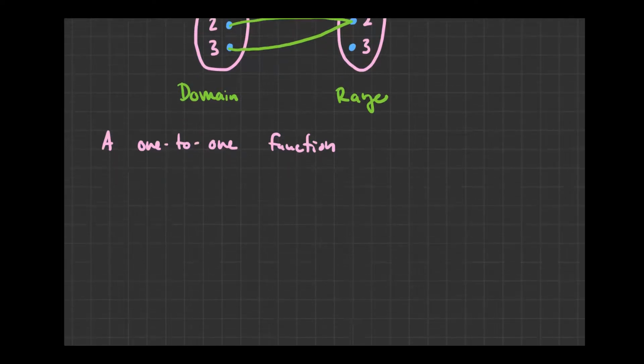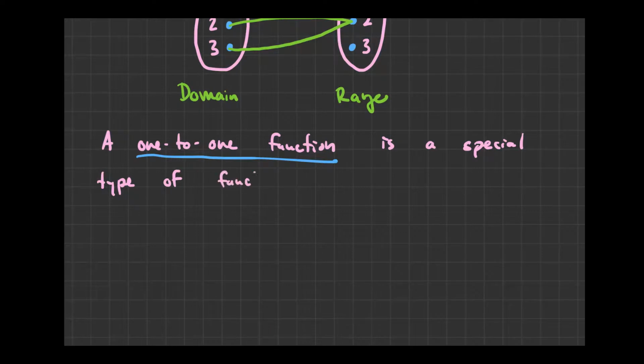So a one-to-one function, I'll underline it because that's our new definition. A one-to-one function is a special type of function, and that special type of function we can describe in the following way.